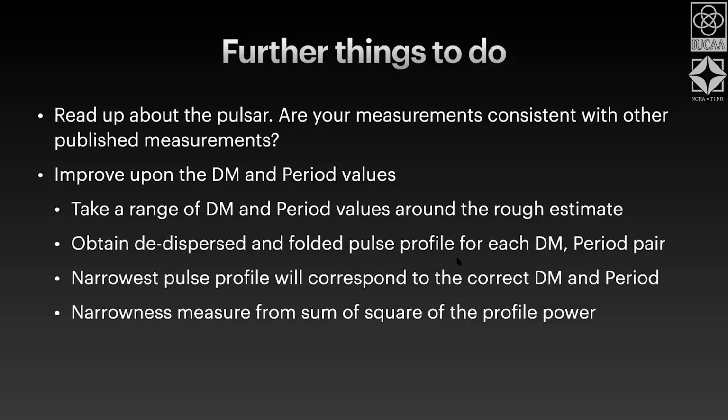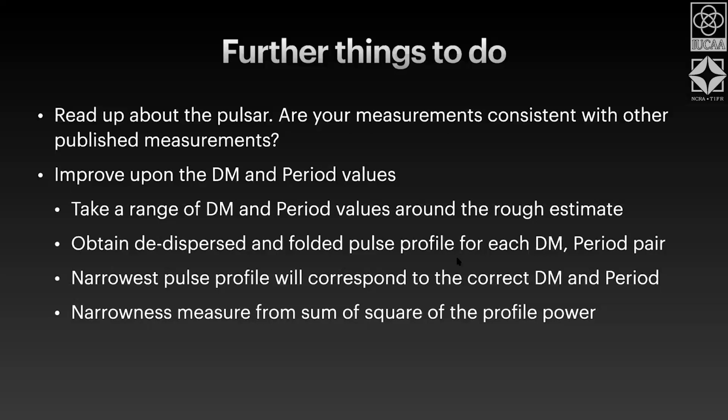to go by the principle that the effect of an incorrect dispersion measure, which tends to smear the signal in frequency, or a wrong period, which tends to smear the signal in time, is to essentially broaden the pulse.